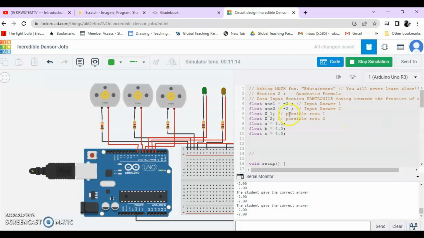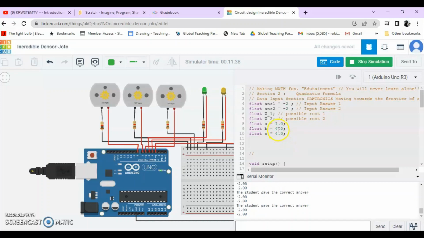Of course all the coding is there, and if we play around with the numbers, I just used A as 1, B as 4, and C as 4. If we play around with the numbers, we will see that we can get different quadratic answers as well. So for example, the quadratic equation x squared plus 2x plus 1 is equal to 0.